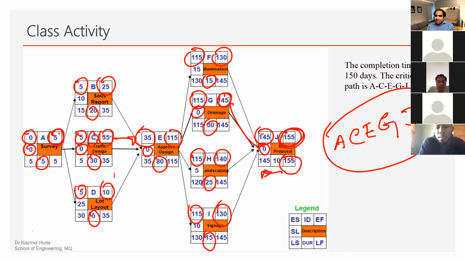Why is it written that the completion time is 150 days? Oh, that is a typo. Yes.